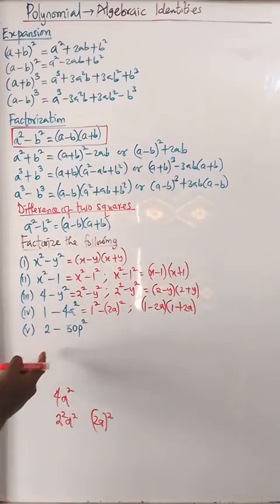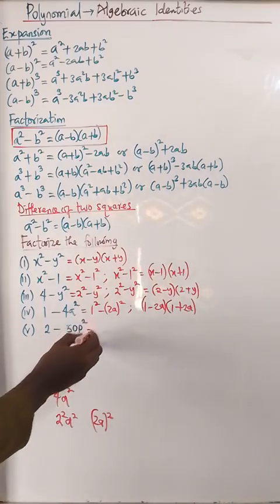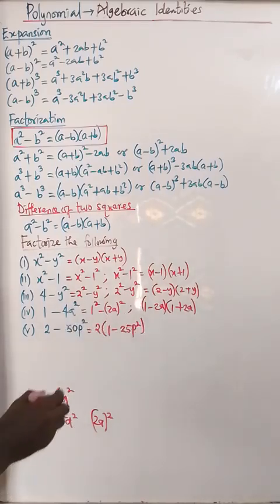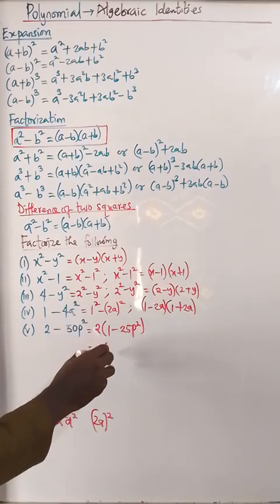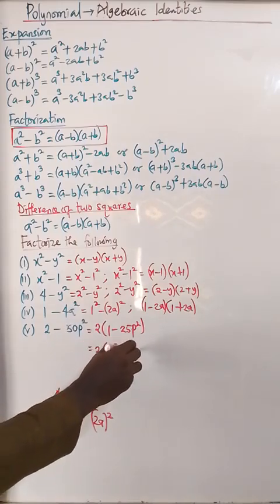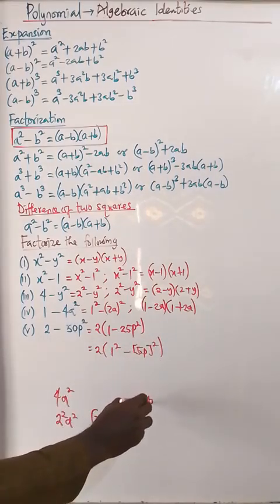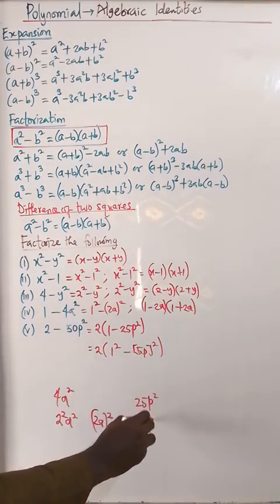If you check this next one, 2 is not a perfect square, 50 is not a perfect square, although 2 is an even number, so it means 2 is common. If we factorize 2, we are left with 1 minus 25p squared. Then we can continue to say this is 2 into 1 squared minus 5p all squared. Why? 25p squared can be written as 5 squared p squared.